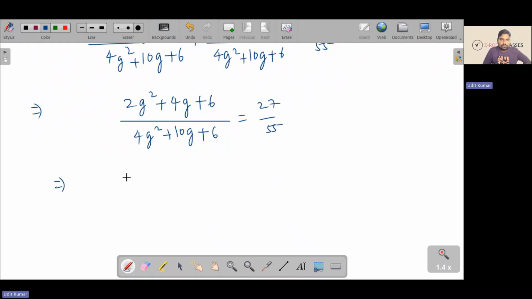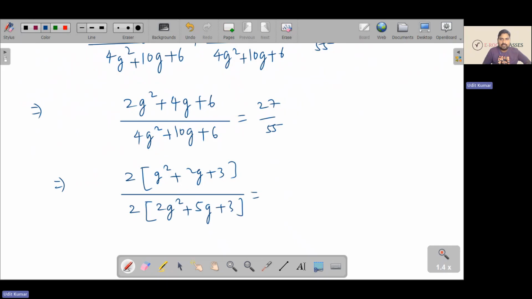So I will take out 2. It will become g squared plus 2g plus 3. And in the denominator side also, I will take 2 common. It will become 2g squared plus 5g plus 3. And that is equal to 27 by 55.